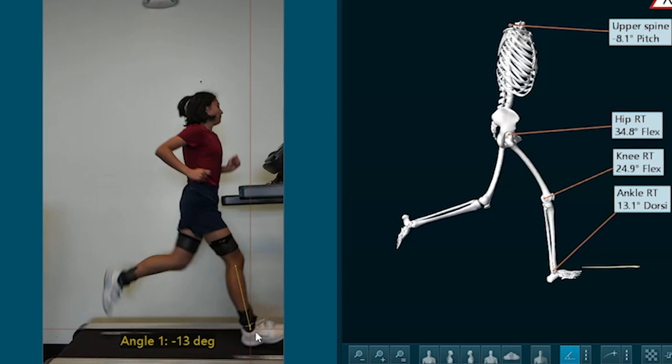By making these two changes, by landing under your center of mass and landing more towards your midfoot, you will keep more of your momentum, maintain your energy, reduce the amount of muscle usage during running gait, and increase your stride efficiency. So that is an overstride explained through an actual running gait analysis where a runner was working on improving their performance.